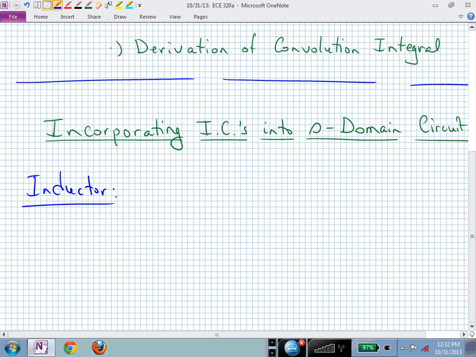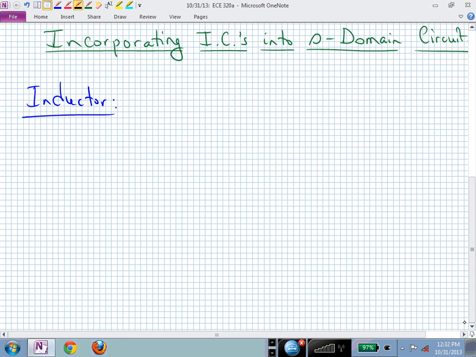With respect to the inductor, here is our schematic that we are hopefully very comfortable with. And that relates the direction of the current relative to how we've defined the polarity on our inductor.